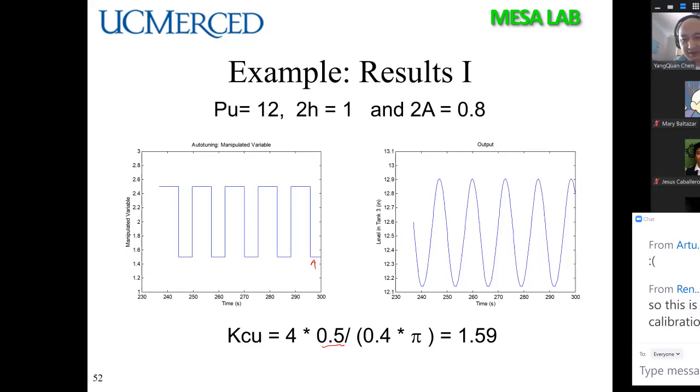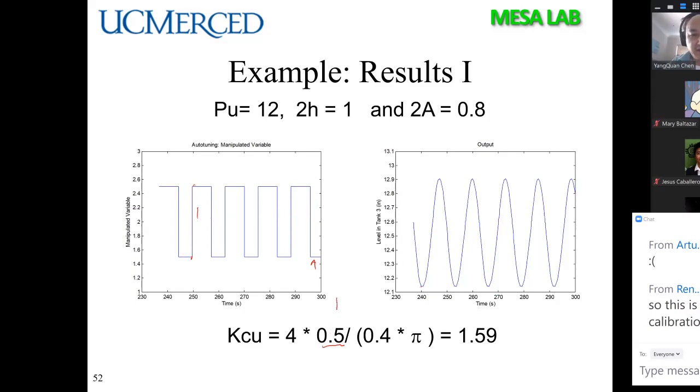This distance is 1.5, this is 2.5, okay? So this peak to peak is 1.5 to 2.5. This is 1, so the amplitude is actually 1.